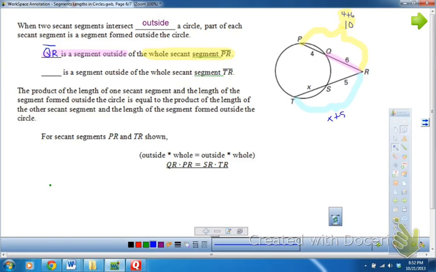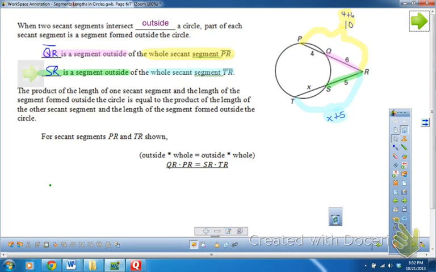If you add the x and the 5, those two pieces, you get x plus 5 here, and that would be the whole secant segment, TR. Well, outside of the circle, you have this piece, SR, and so you have outside piece QR that goes with the whole segment PR. You have outside piece SR that goes with the whole secant segment TR.